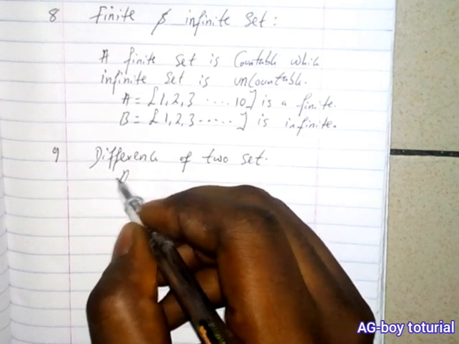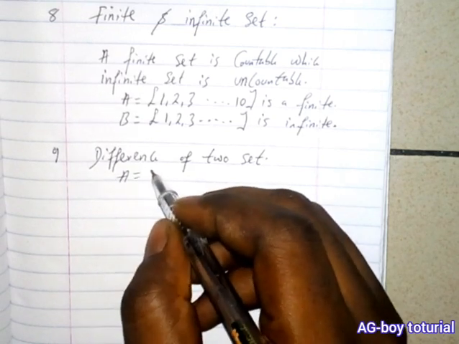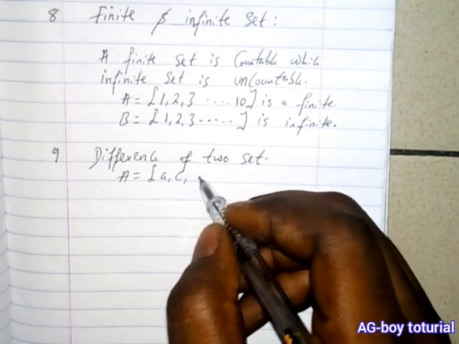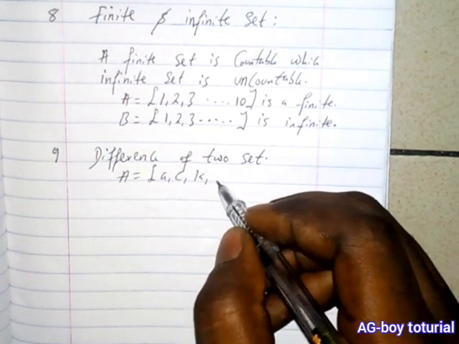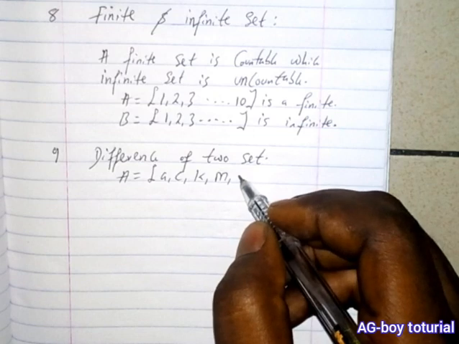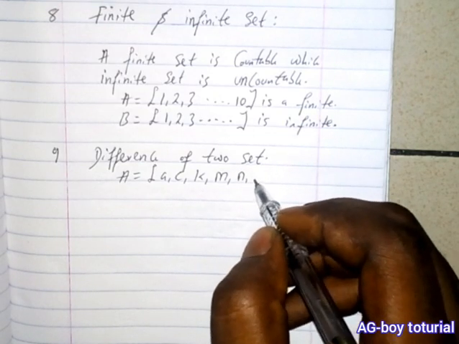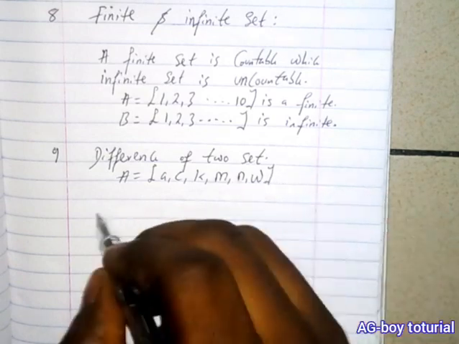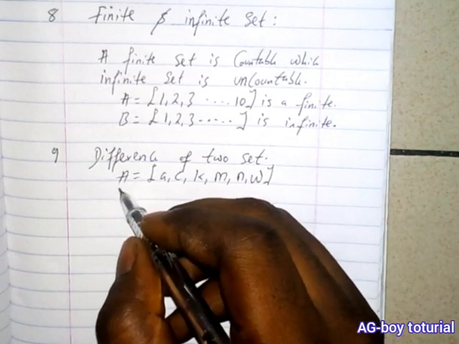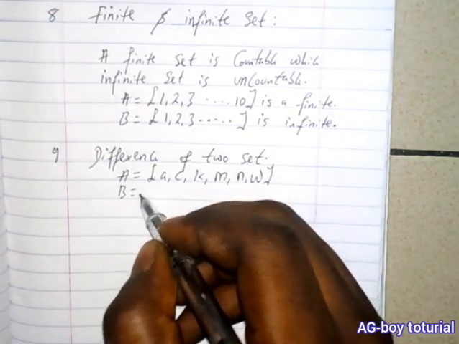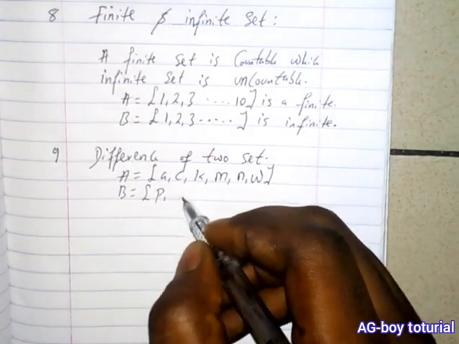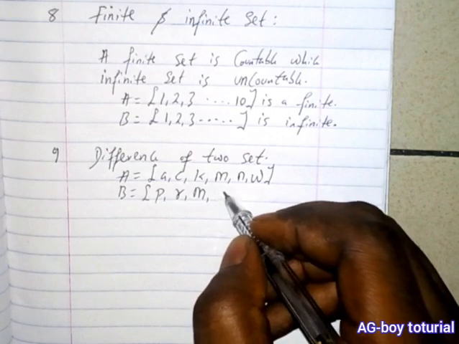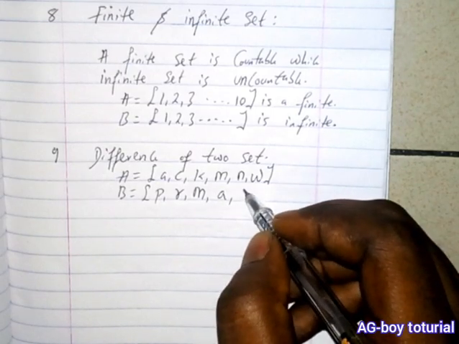Let's say A is equal to {A, C, K, M, N, W}. Okay, I close the bracket, and B is equal to {P, arrow, M, A, and U}.